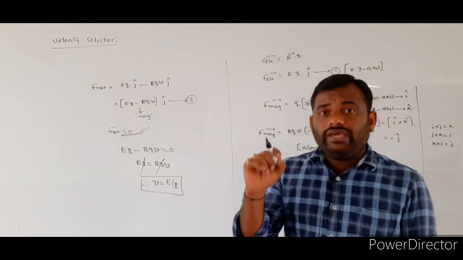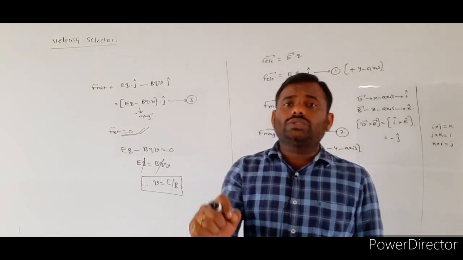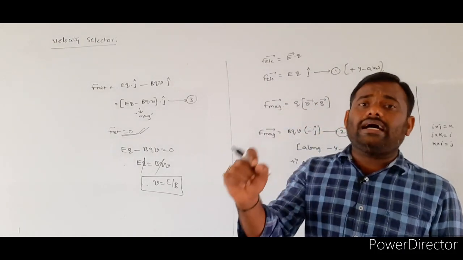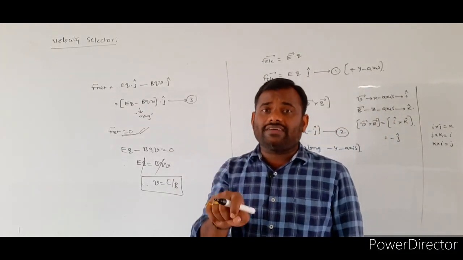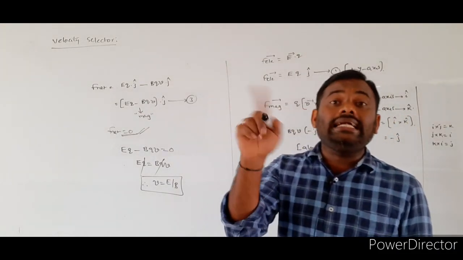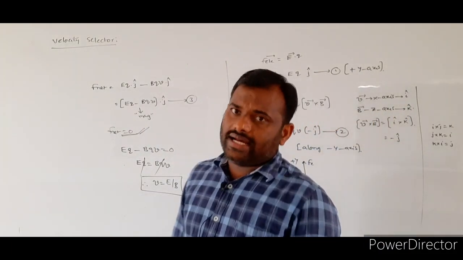What we told is that we have to choose the magnitude of the electric field as well as the magnetic field. By how? For the particle to remain undeviated while it is traveling in the crossed field.